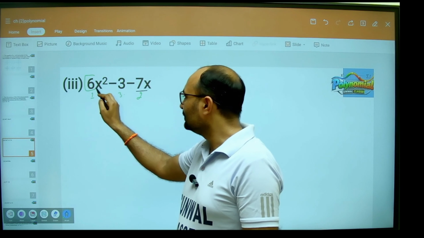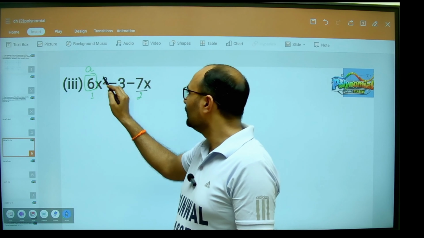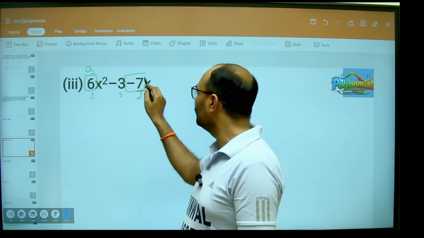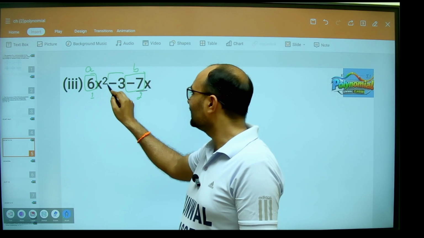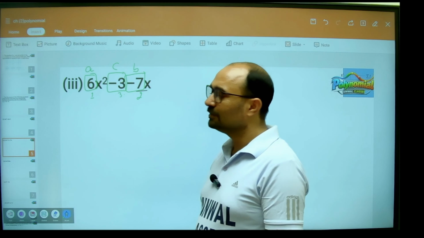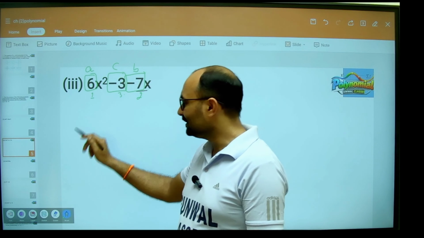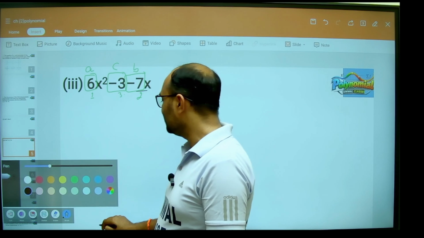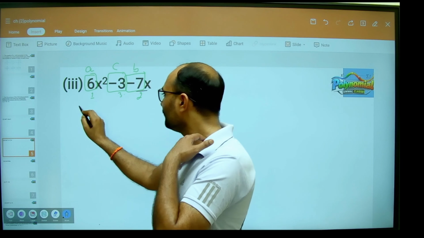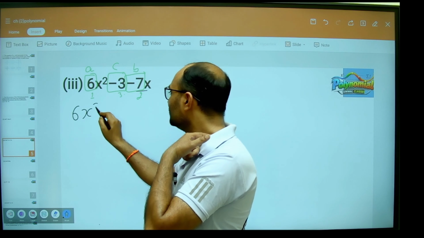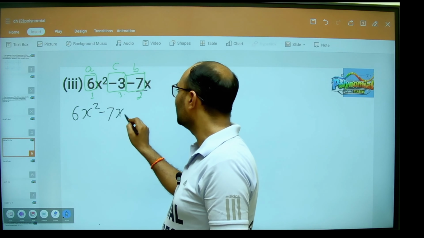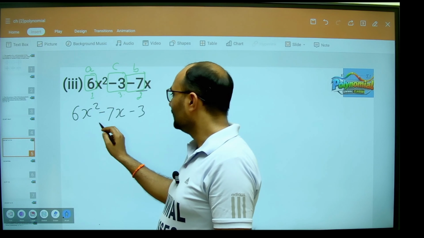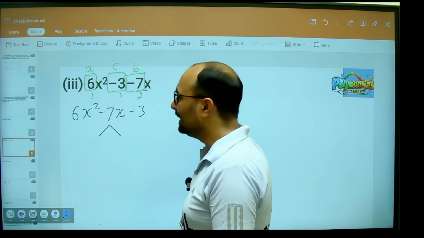Coefficient of the first term is known as a, coefficient of the second term is known as b, and the third term is known as c. First of all you have to arrange it, then you have to solve it. I am arranging it and solving for you. 6x square minus 7x minus 3. Now split this.